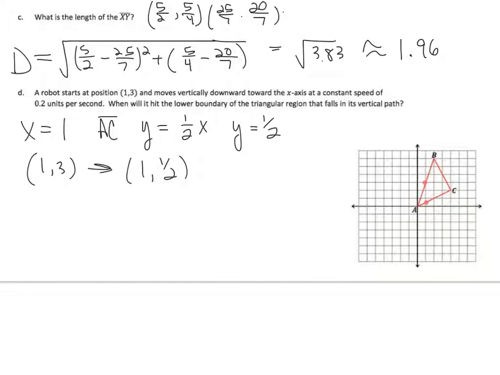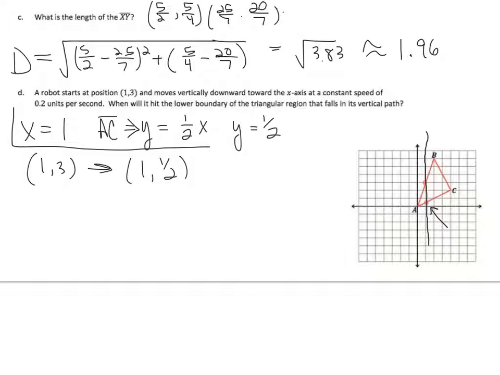I just took a second and found the ordered pair at the second dot. I wanted to know what that location was. So I know I needed to solve a system of equations, x equals 1 and y equals 1/2 x. So that is segment AC. So I need to find the ordered pair where those two intersect.